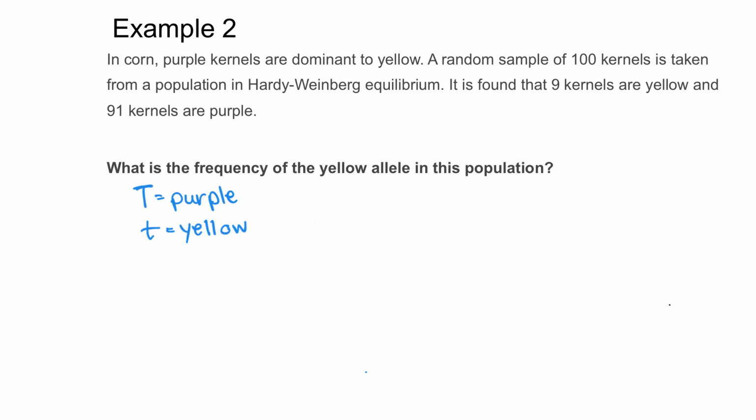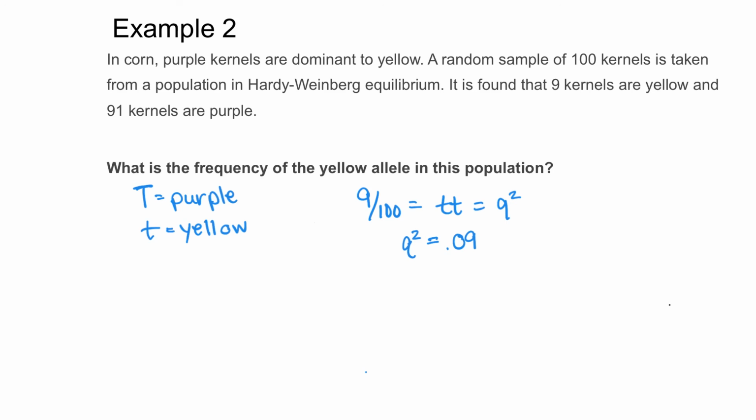Okay, so in order to do this, it says 9 kernels are yellow. So we know that 9 out of 100 are homozygous recessive. So 9 out of 100 is going to equal q squared, and we can simplify this by saying q squared is equal to 0.09.